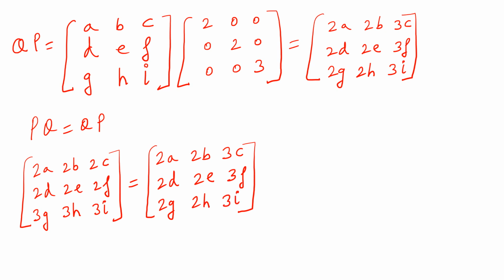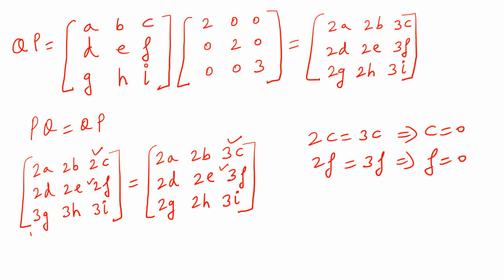Now students, since both of these matrices are equal to each other, their corresponding elements must also be equal to each other. So from here, I can write 2C equal to 3C. This means C is equal to 0. Then I can put 2F equal to 3F. This means F is equal to 0.